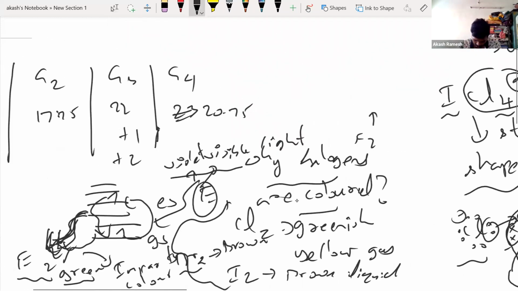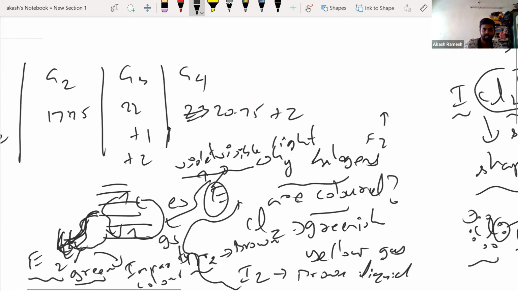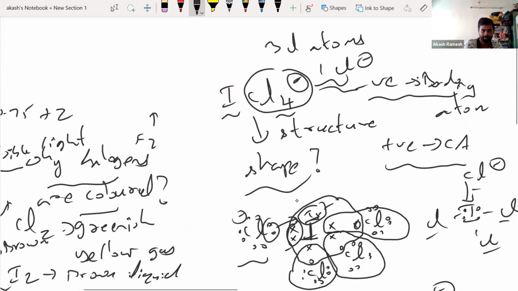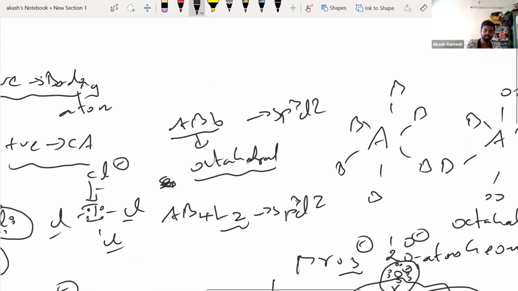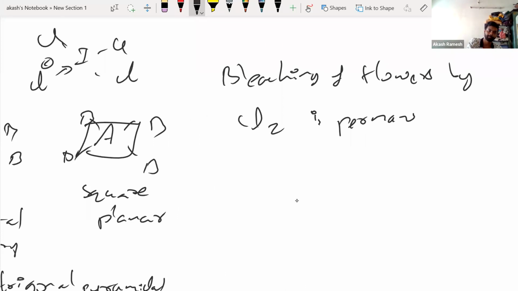All right, group 1, your question. Okay, the question is: bleaching of flowers by Cl2 is permanent, but that by SO2 is temporary.